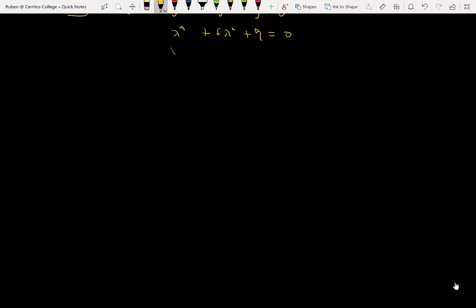This factors very nicely into lambda squared plus 3 squared equals 0. So lambda squared equals negative 3. So lambda equals plus or minus 3i.